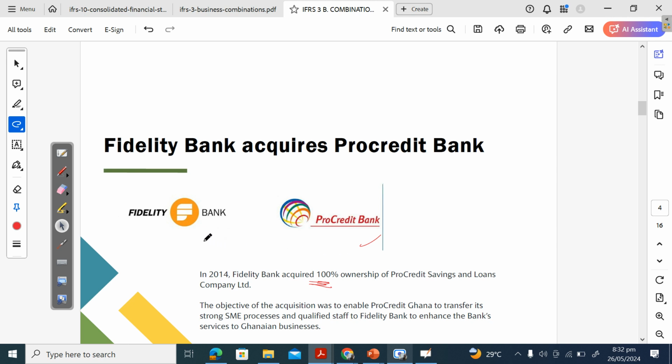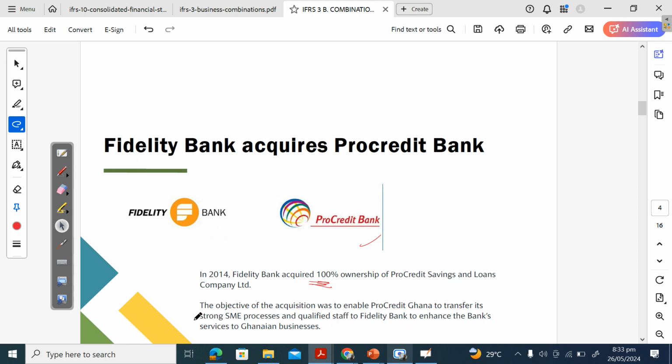By taking over Pro Credit, Fidelity Bank automatically has access to the SMEs market. The objective of the acquisition was to enable Pro Credit Ghana to transfer its strong SME processes and qualified staff to Fidelity Bank to enhance the bank's services to Ghanaian businesses.